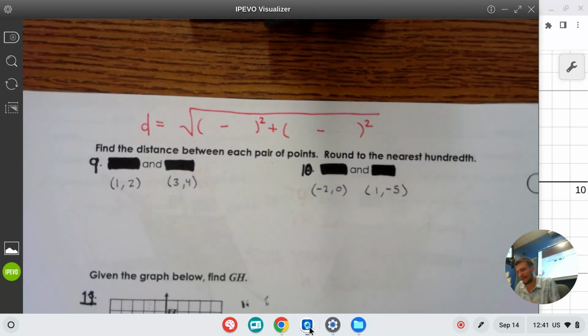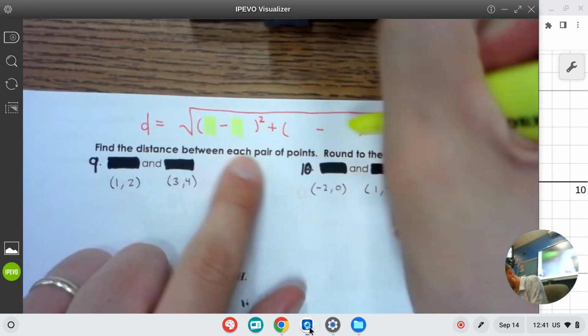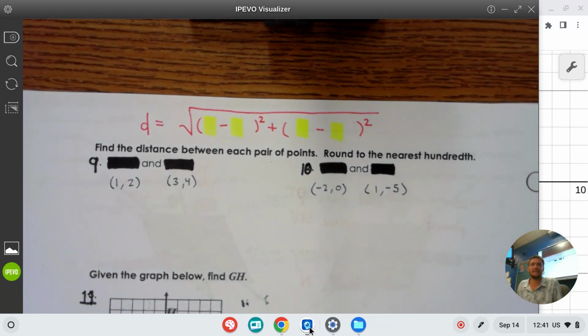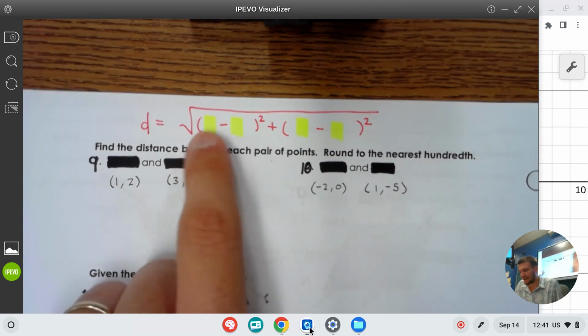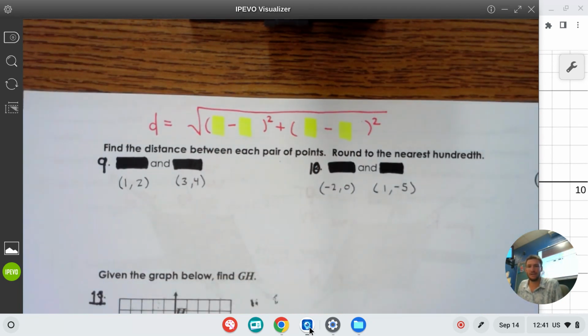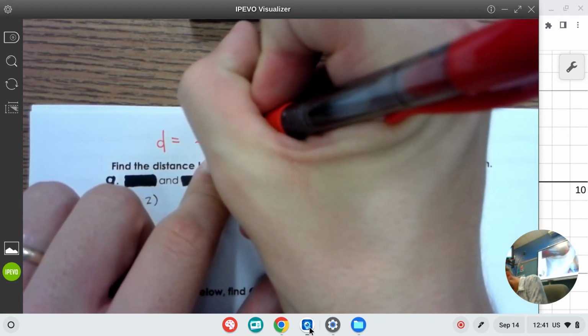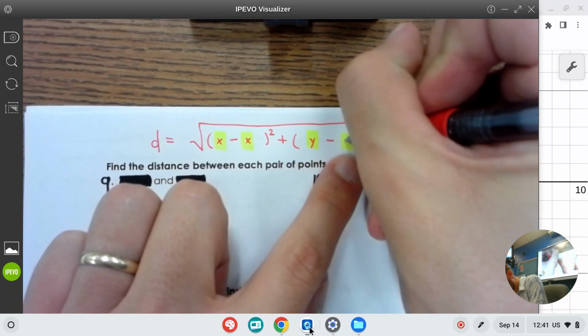So I like to set myself up like this. Square root, parentheses, with squares, with minuses in there, and there's also a plus between them. Okay? That gives us 4 gaps to put numbers. And remember, it's going to be x minus x and y minus y.